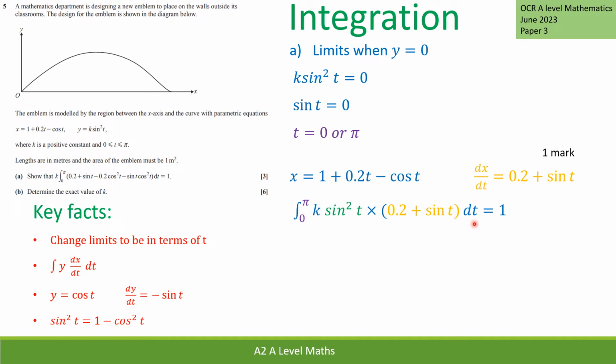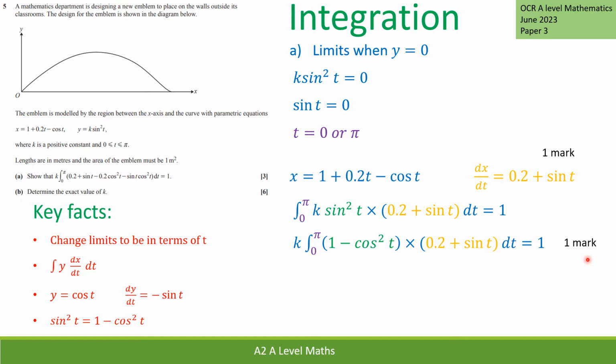All lots in terms of t, dt is going to equal 1. Now this expression here, sine squared t, can be written as 1 minus cos squared, and my k is a constant, and that can come to the front of the integral. You can see in the answer here there is a k out the front, so I can just bring that out nice and early. Sine squared t is the same as 1 minus cos squared. This part here has stayed exactly the same. So you get your second mark for getting to here.